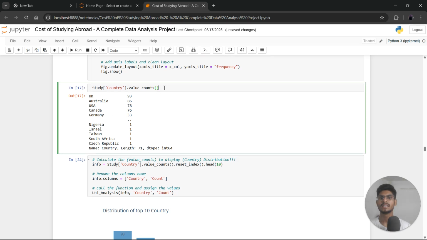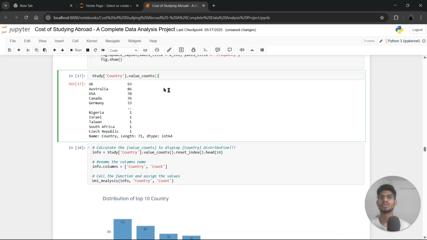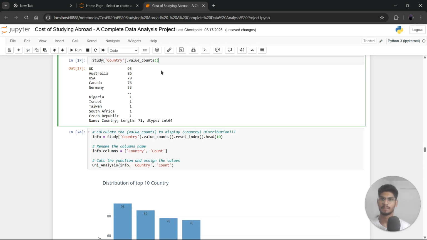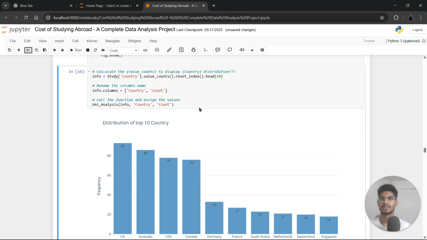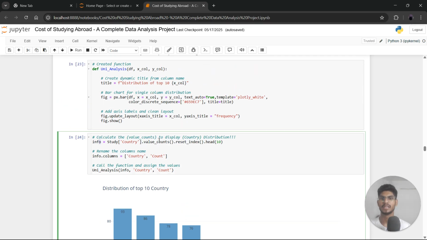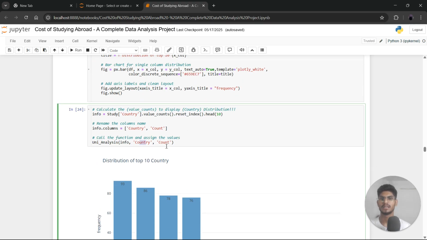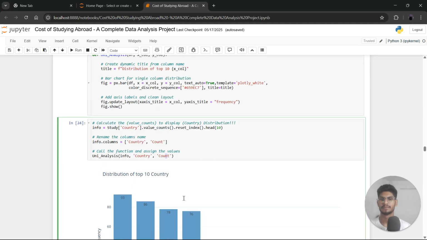So these countries have this number of universities, or you can say programs, within the data set. So I am deleting this cell here, and then we can see the distribution of the country, how many programs they are offering. So we are using info, the country will be there, then its counts.